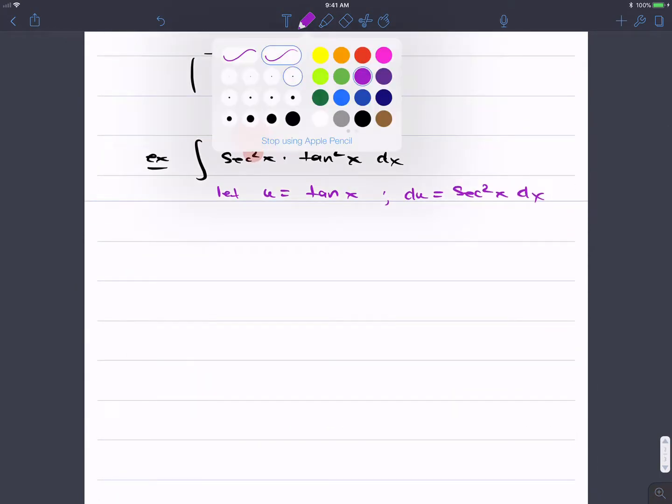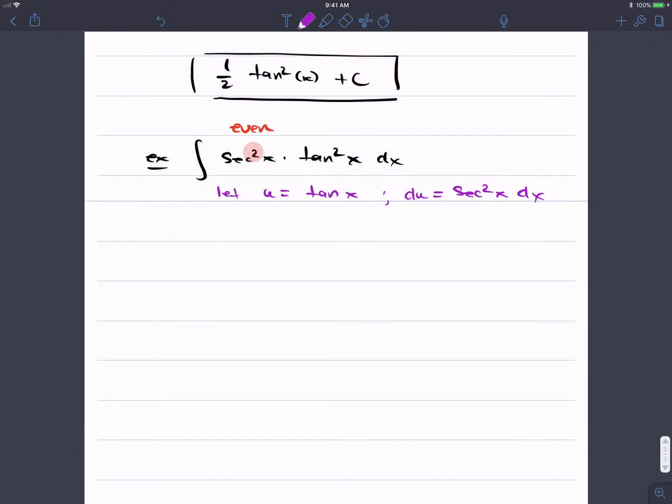Now, I'm going to approach this integration a little bit differently. Again, we're going to do u substitution here. But I want to point out to you that if I rearrange my terms, then I have tangent squared x times secant squared x dx.